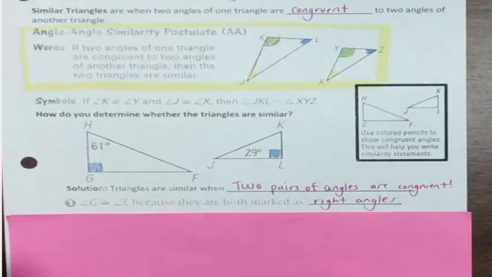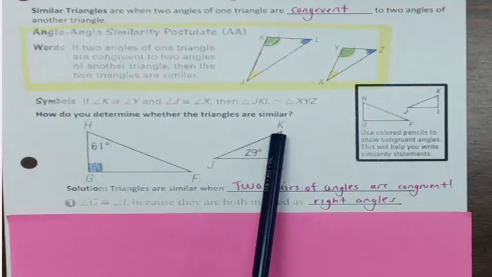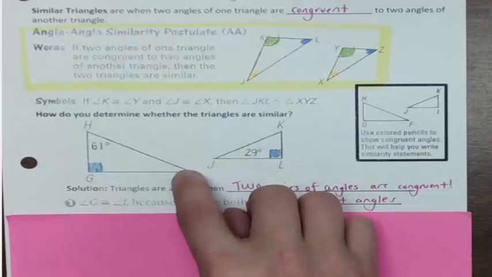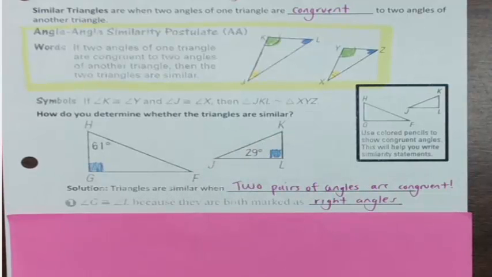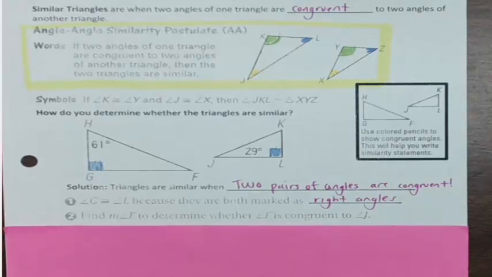Now, on the first triangle, angle H is 61 degrees, and on the second one, angle J is 29 degrees. So they're not the same. However, I have other angles I need to find. So step 2 is to find angle F to determine whether angle F is congruent to angle J.